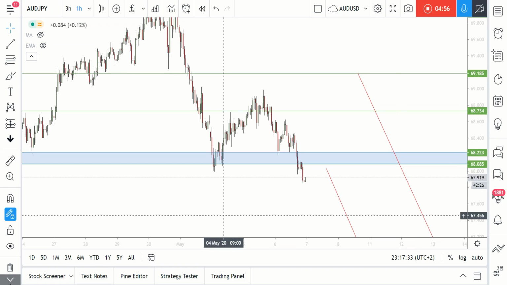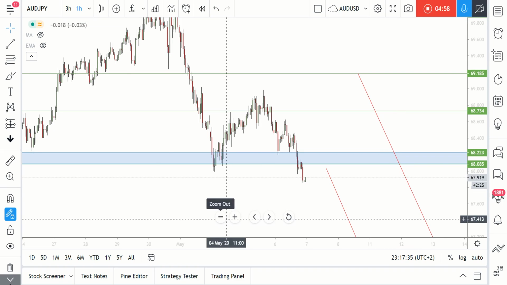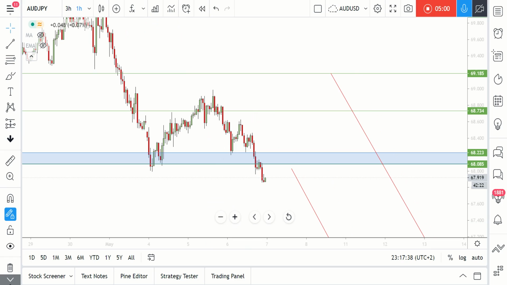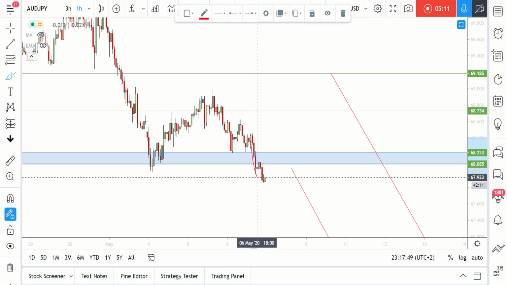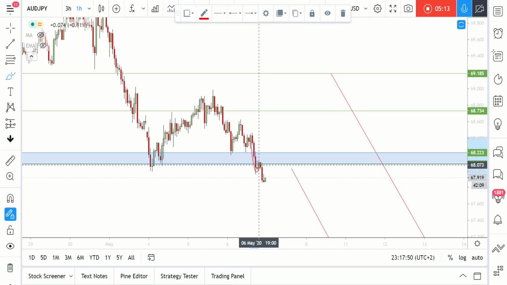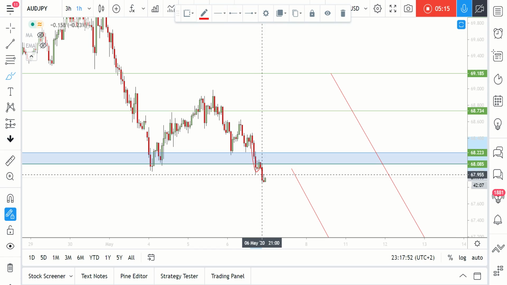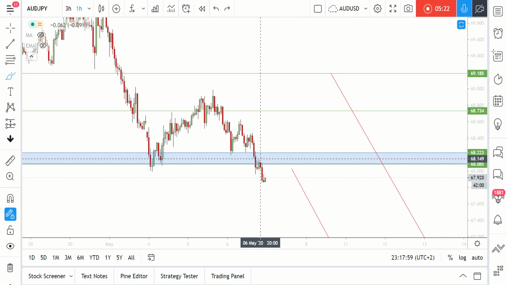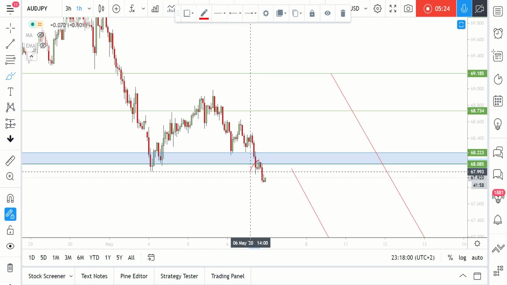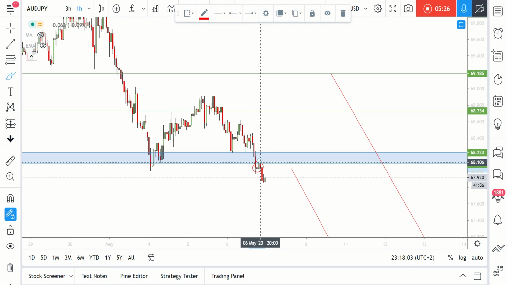Now, when you're looking at the technicals here, recall that I said my first preference was a break of the level of support and to go short at the retest. We can see that we did have a break of the support. Price did come up to retest and had a bit of bearish momentum. But there's nothing exciting about that retest.